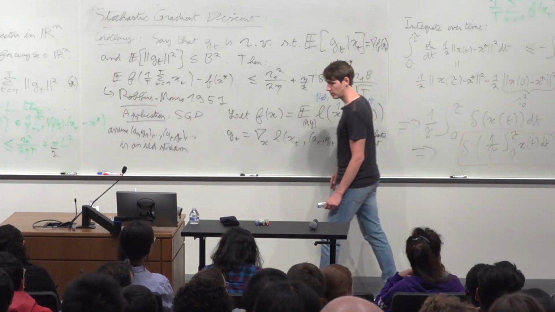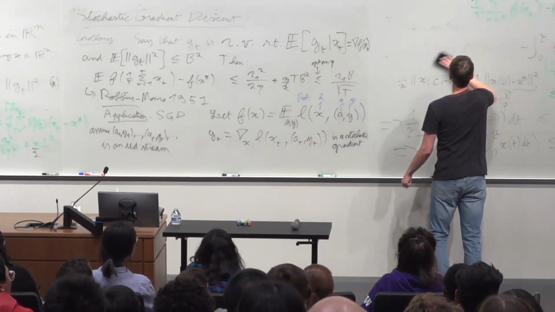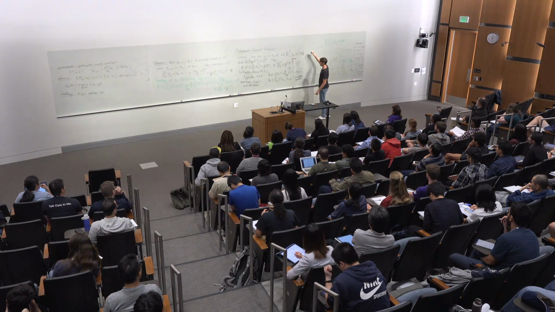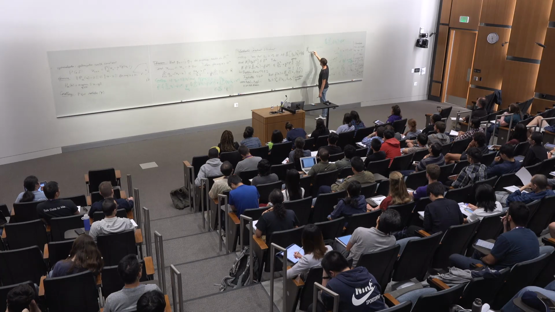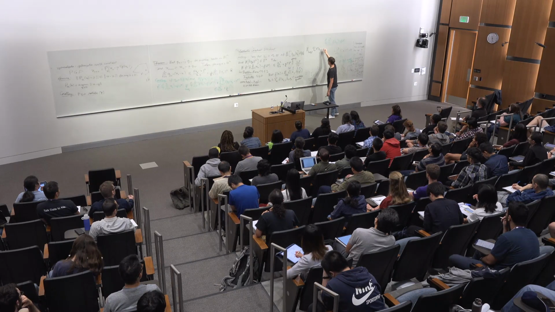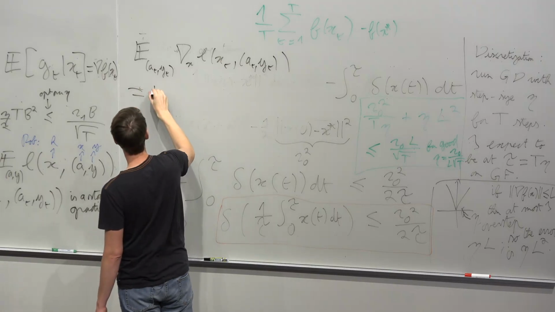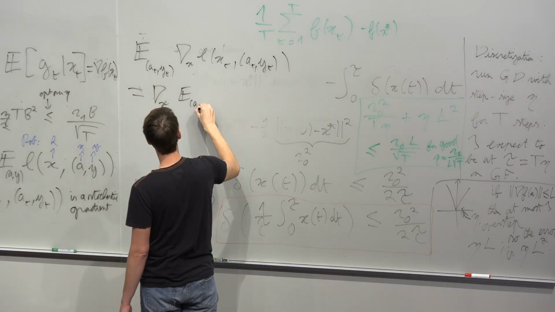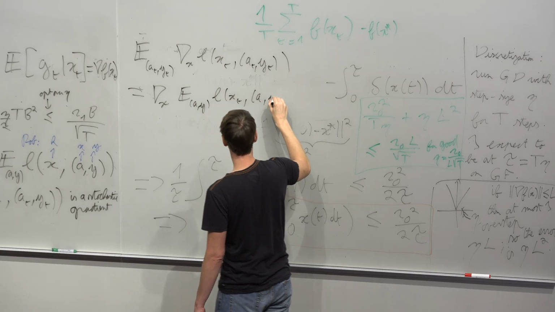Maybe I just write this inequality because it seems to be confusing you guys. The only thing that I'm using is the expectation. So the expectation over AtYt of grad x L of xt, AtYt, is equal to the gradient with respect to x of the expectation over AY of L of xt, AY.